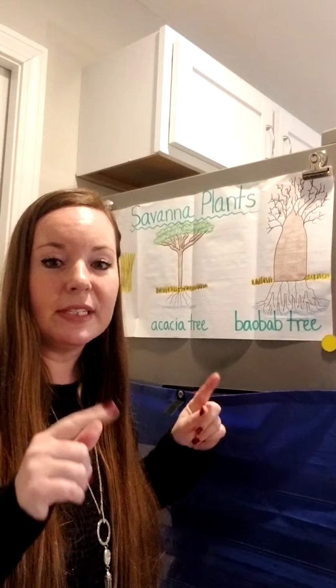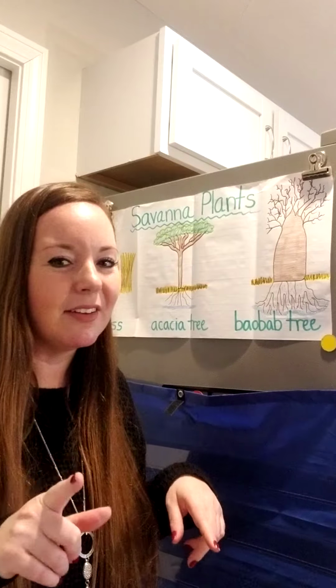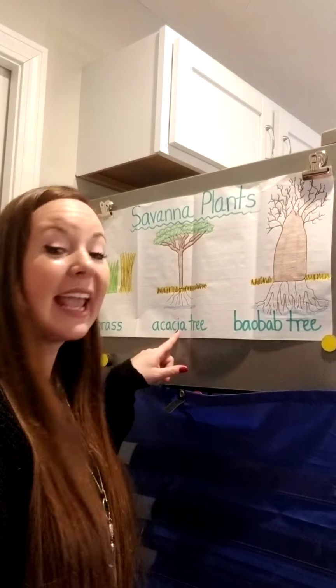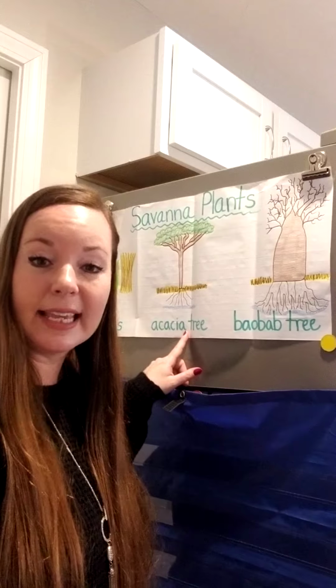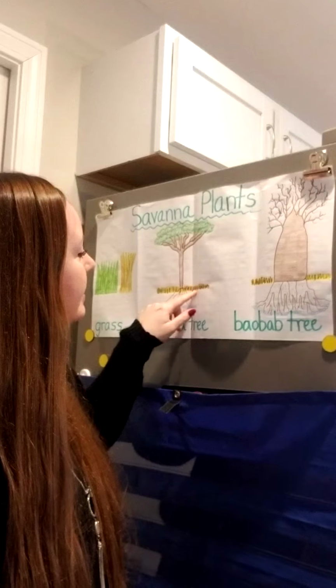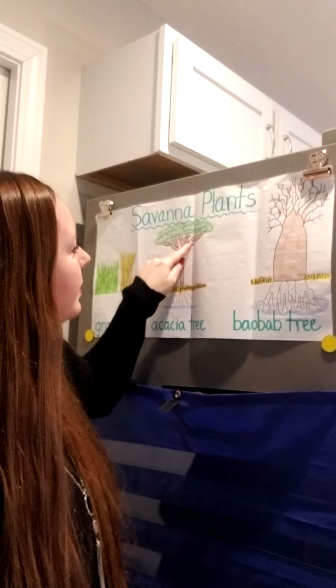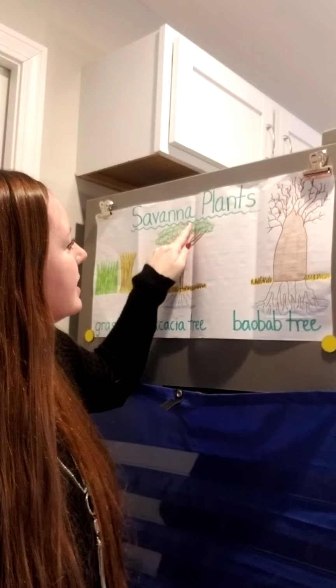The next one we've seen a whole lot in our stories. I think I pointed out almost every single time. I love this tree. It's called an acacia tree. Acacia tree. All right, so you'll see there's lots of grass down here, and it's a skinny tree that goes up, and the leaves are just at the tippity top.